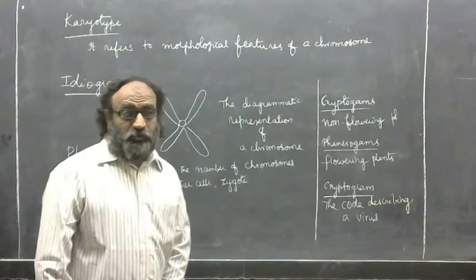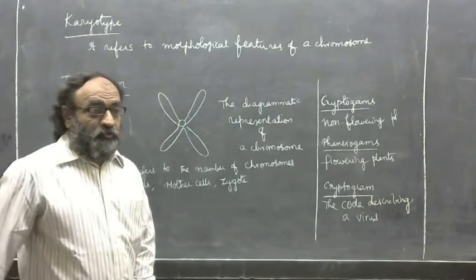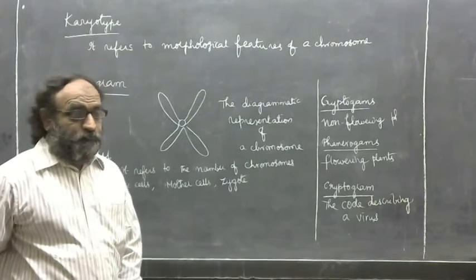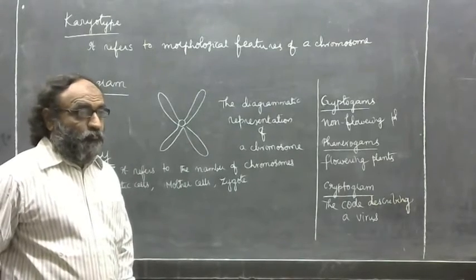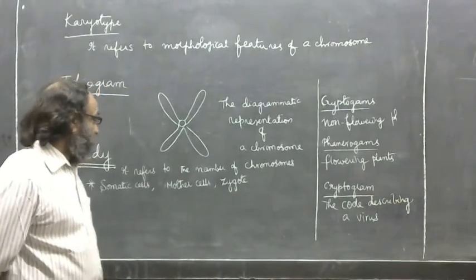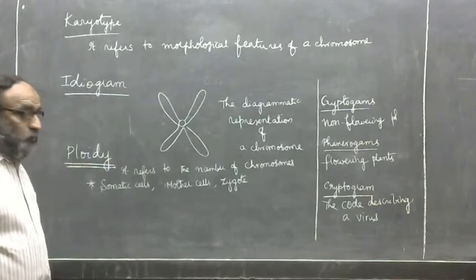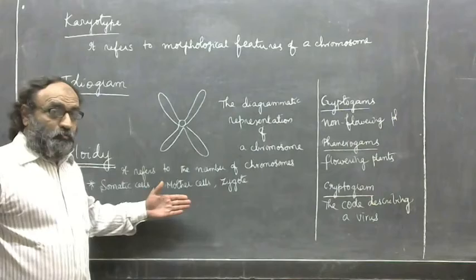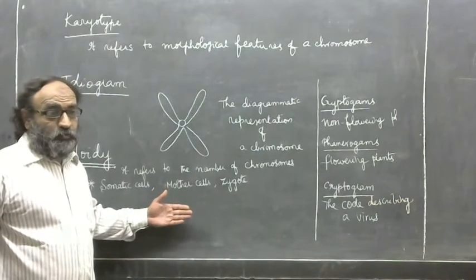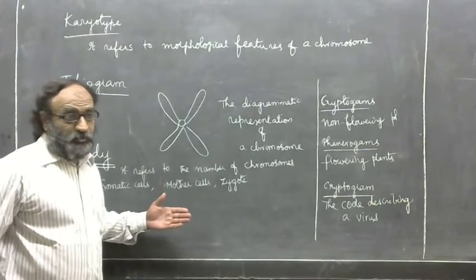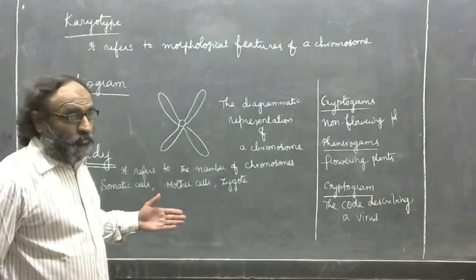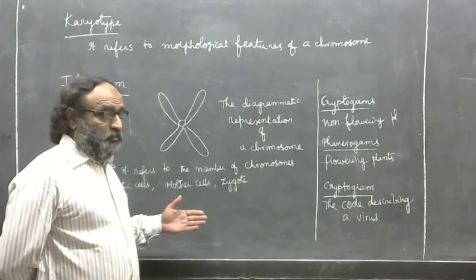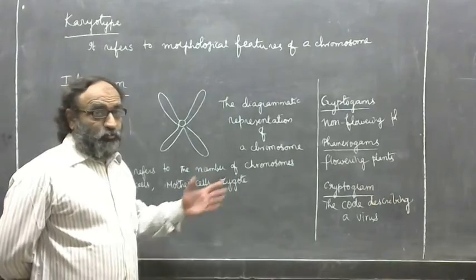A zygote is the result of the fusion of male and female gametes. So I have given the examples of somatic cells, mother cells, and zygote.